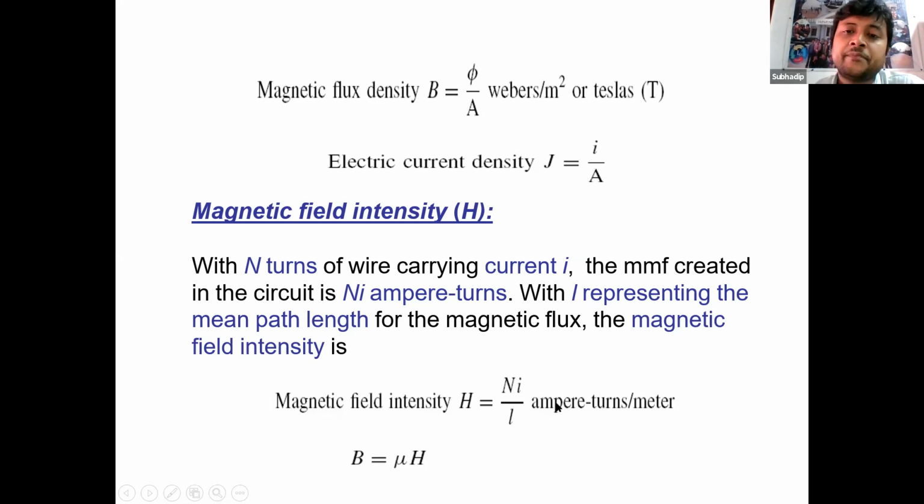Now there is a relation between magnetic field intensity and magnetic flux density, and you know that this is given by B equals mu into H. So you can use this formula here.